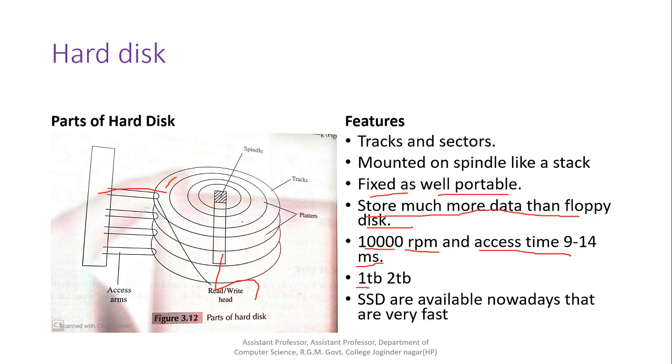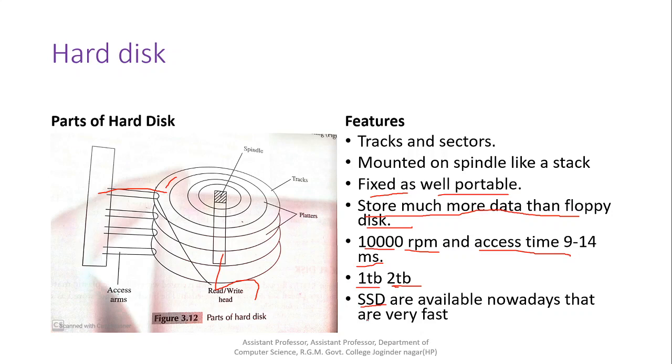As for capacity, nowadays we have 1 TB hard disks, 2 TB hard disks, and many more. We also have a new kind of disk available in the market, the SSD, solid state drive.